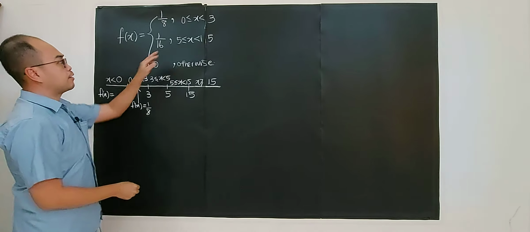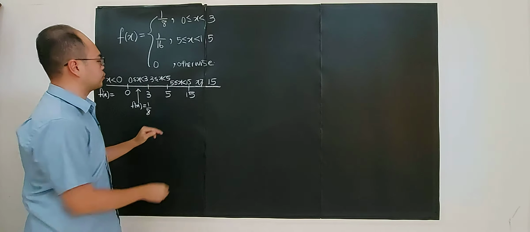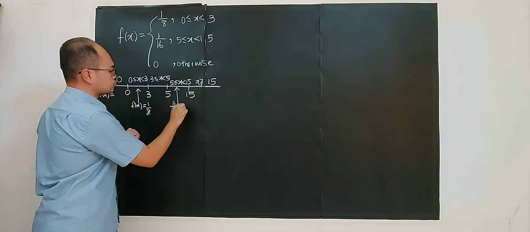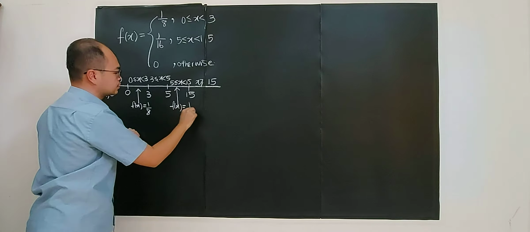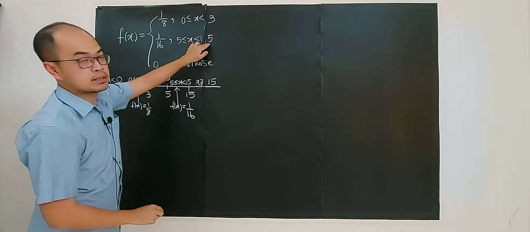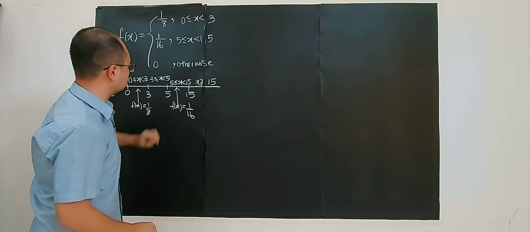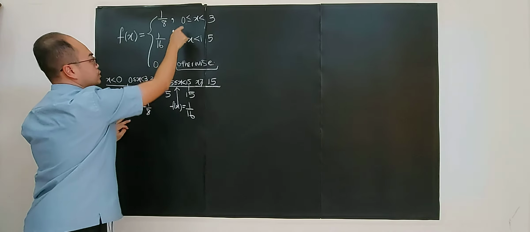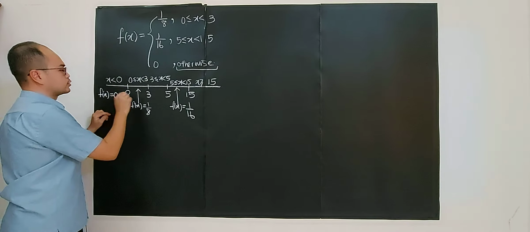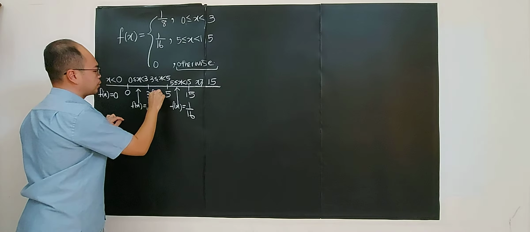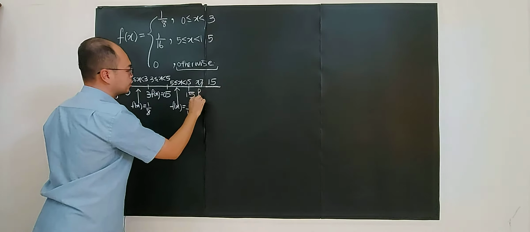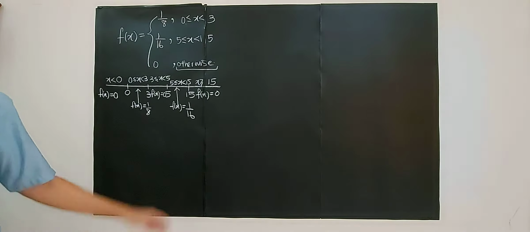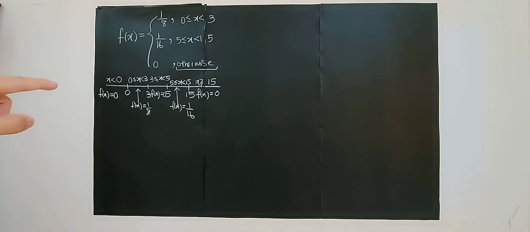And on 5 to 15, f(x) is 1/16, as described here. For the rest, besides these 2 intervals, your f(x), the probability density function, will be 0. First, you have to identify this. You have to be clear about all this.